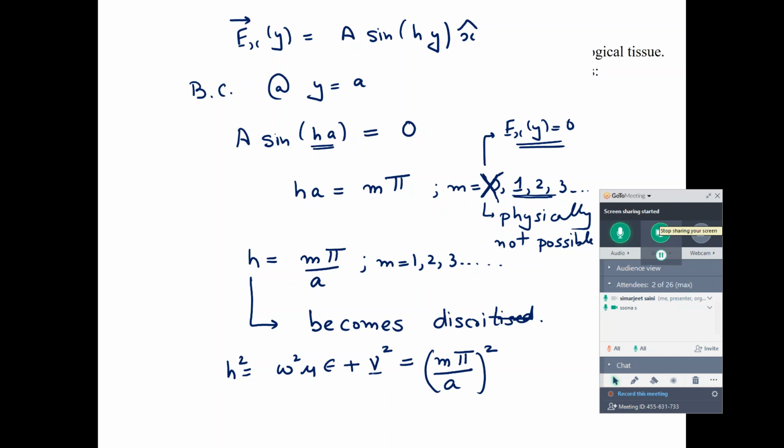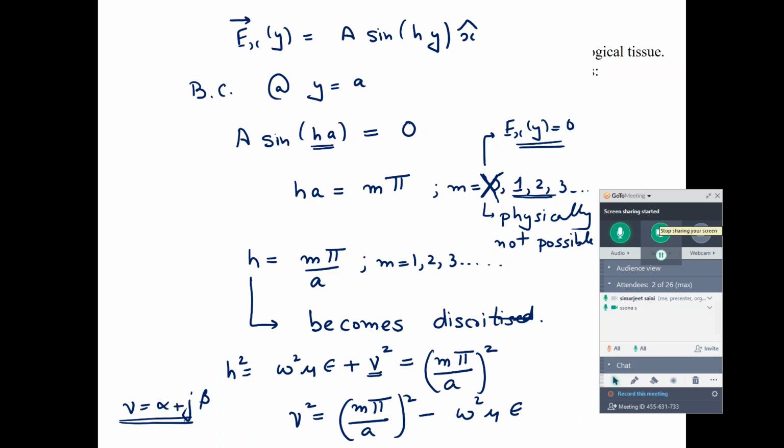Your gamma term is your propagation term. Gamma square was (m pi by a) square minus omega square mu epsilon. And again, remember, gamma was alpha plus j beta.